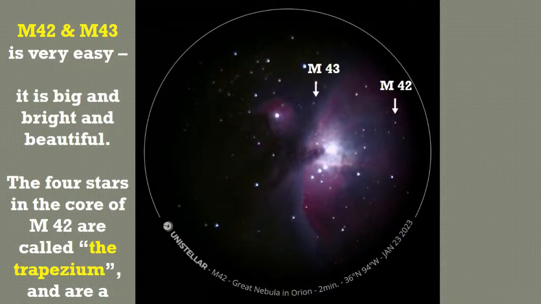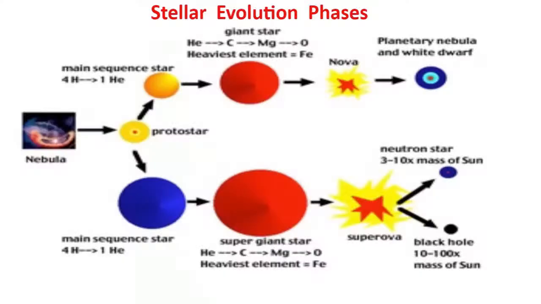Let's see how some of these things were made. In the beginning, we had gases. Those gases had gravity. So the gases condense over millions and millions of years into protostars. The protostars, depending on the amount of gas, either formed a big star or a little star. Our sun is in this sequence over here.